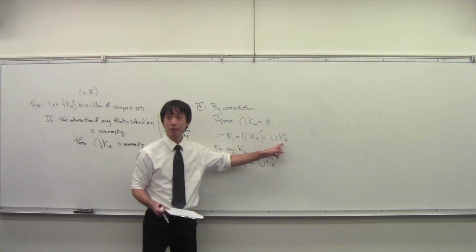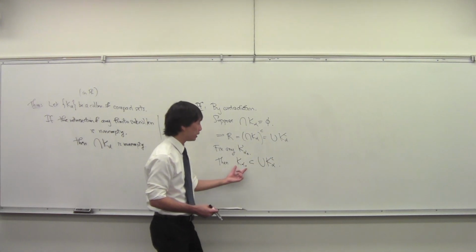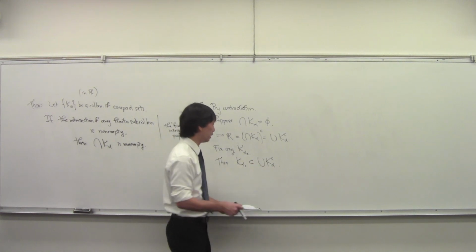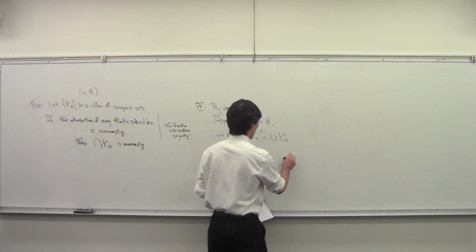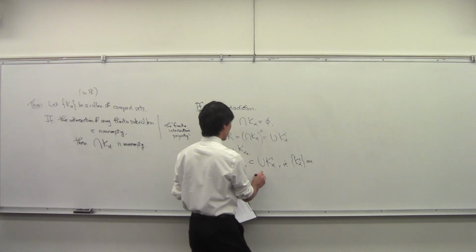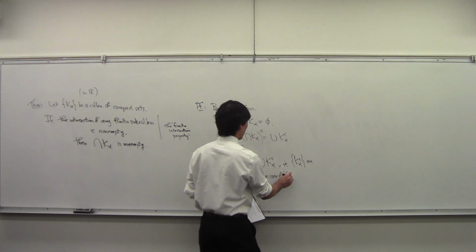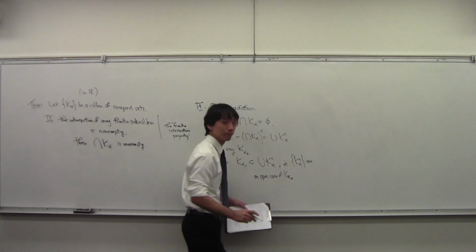But these complements are open, since compact sets are closed. So the complements of the K alpha are an open cover of K alpha naught.